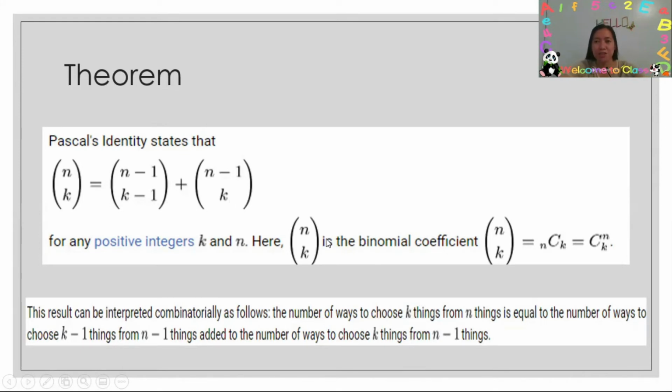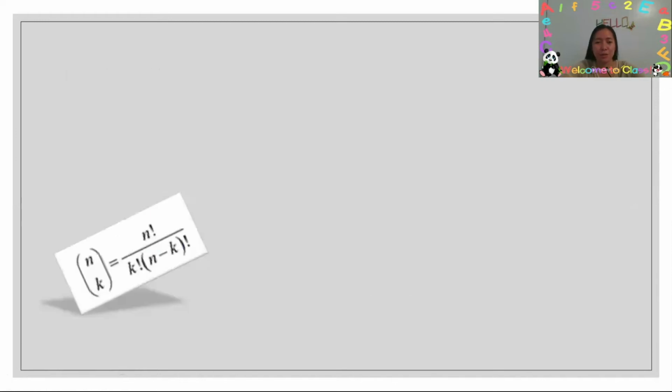So we're just reading the problem that we have. And always take note to remember this: the binomial coefficient n and k is equal to n factorial all over k factorial times n minus k factorial.